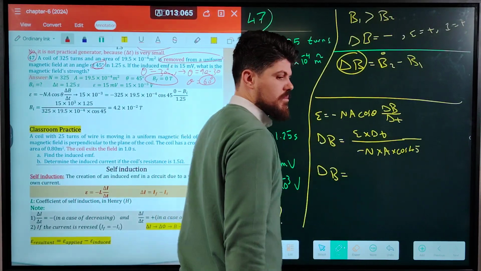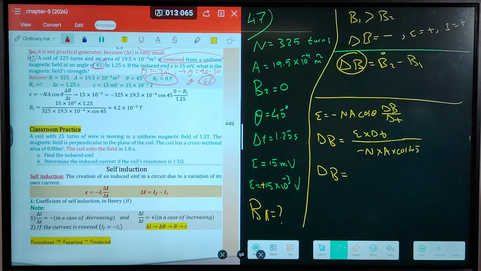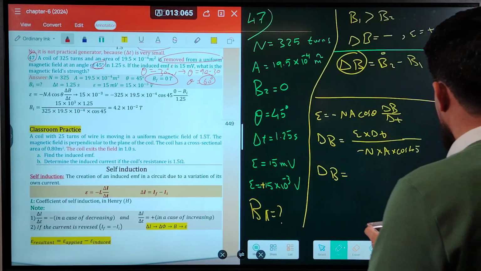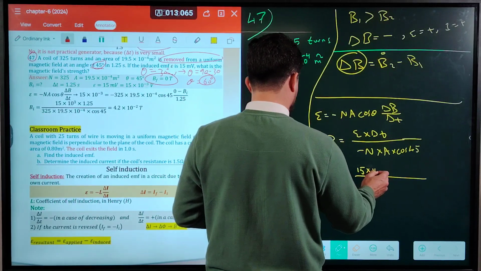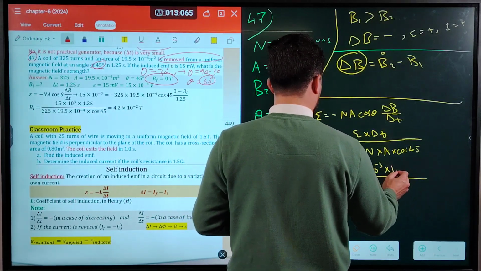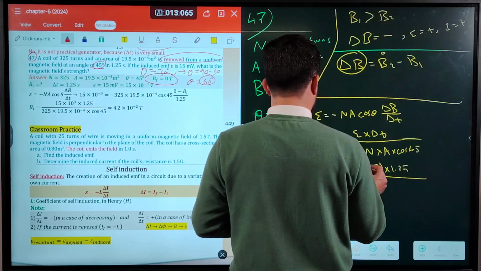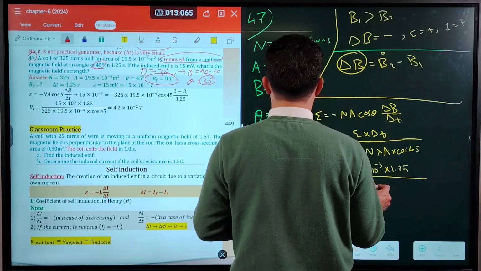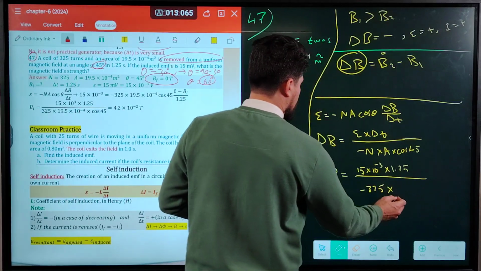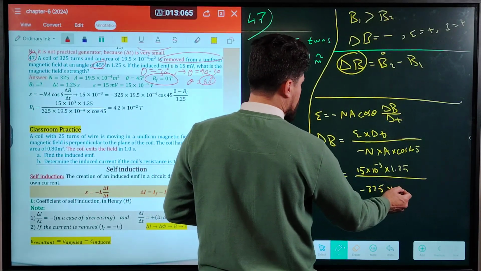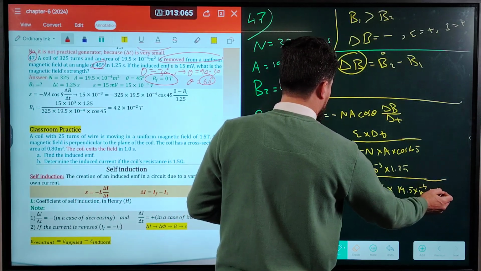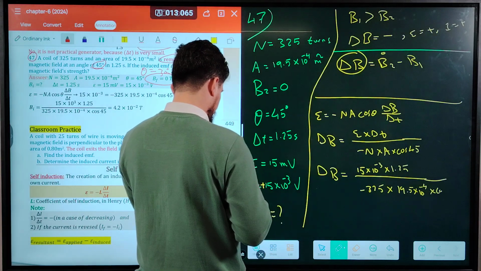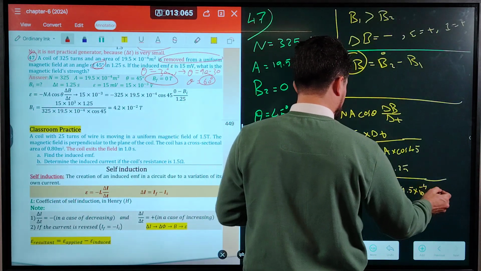By using a calculator, you can determine the amount of delta B. Look, replace the numbers. EMF is positive 15 times 10 power negative 3, times 1.25, divided by negative N, which is 325, times area 19.5 times 10 power negative 4, times cosine 45, which is equal to 0.7.